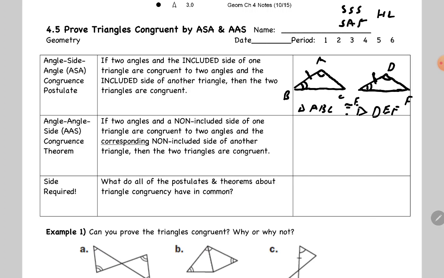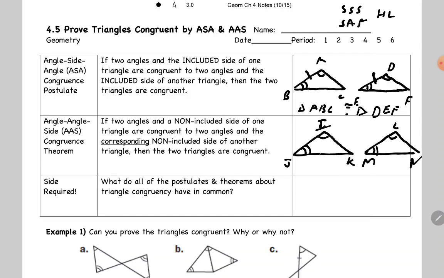Okay, and then there's angle, angle, side. I, J, K, L, M, N. So let's have these two angles the same.